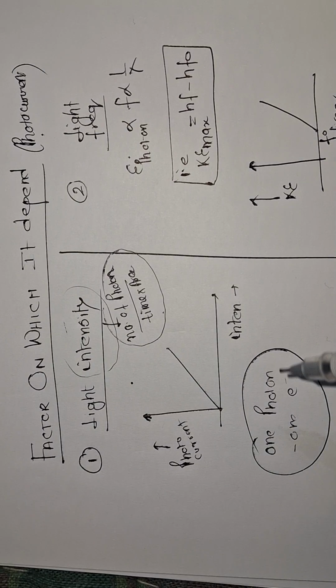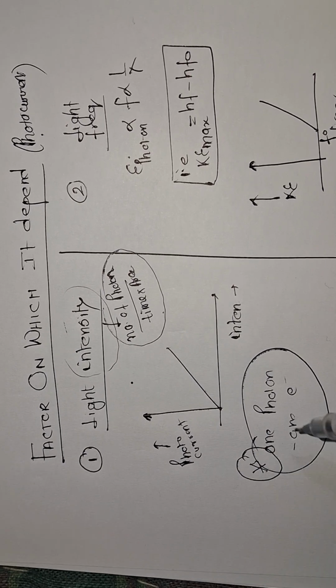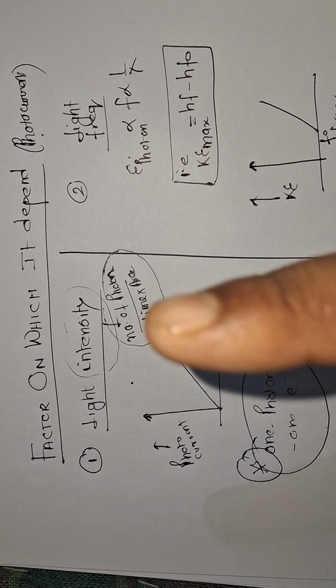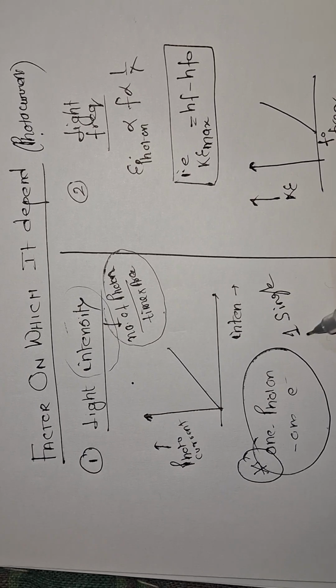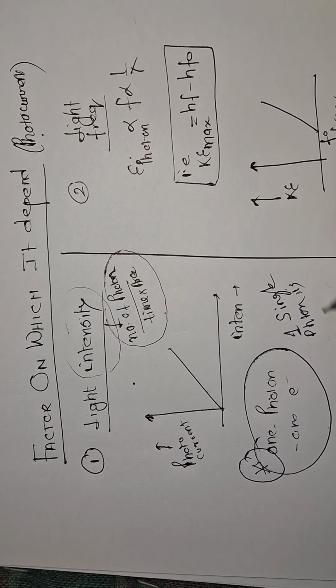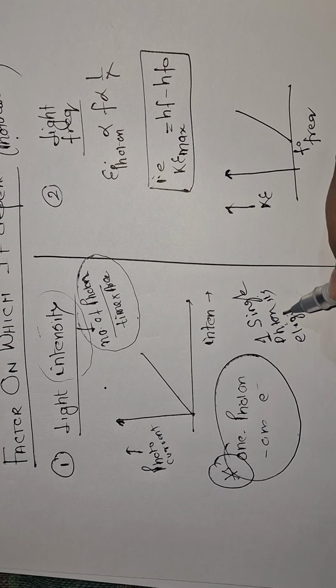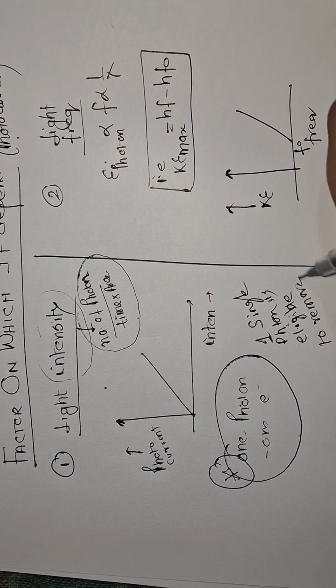Now see, I have a theory of my own. I don't know whether this is mentioned in a book or not, but this is my theory. This theory is named the one photon one electron theory. One photon one electron theory means a single photon is eligible to eject a single electron.